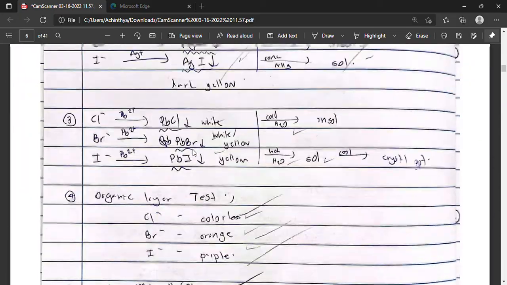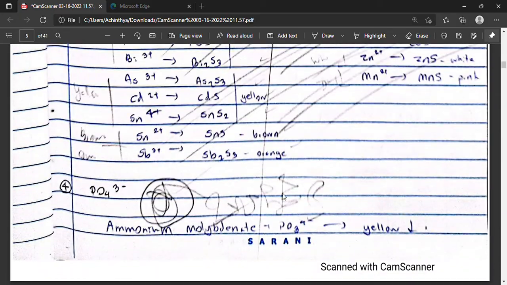Here we do so without that concentrated nitric acid. I was confused about that a long time ago, but it's good to have that cleared out. Phosphates with ammonium molybdate will produce a yellow color precipitate, and that's how we identify phosphates.